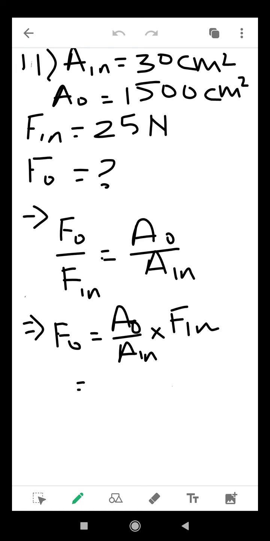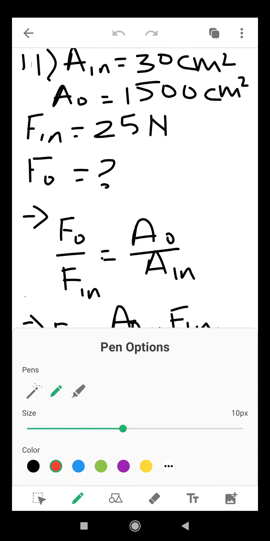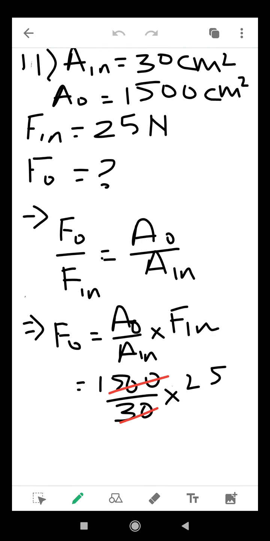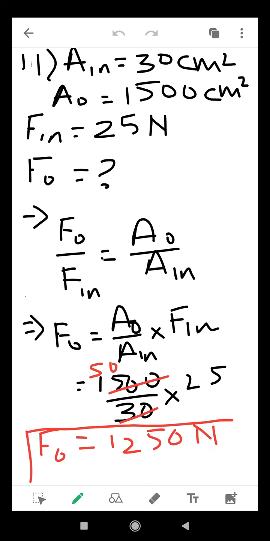You can substitute the values as 1500 upon 30 into 25. 1500 divided by 30 will be 50, into 25. Multiplication will give you 1250, and the unit of force is Newton. So force on the output piston, or weight on the output piston, will be 1250 Newton. So this was your question number 11.